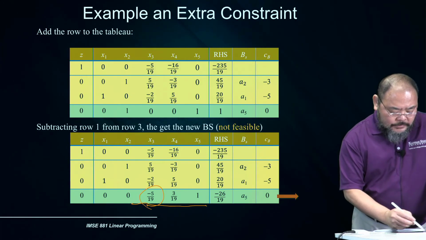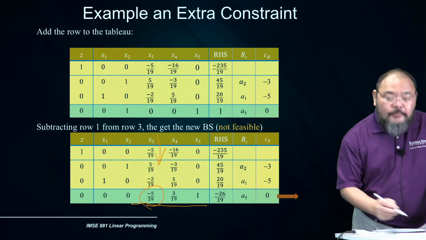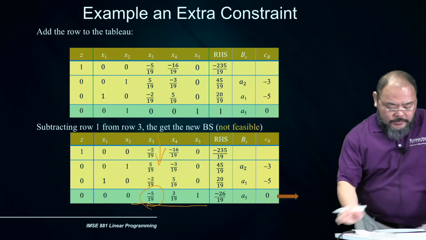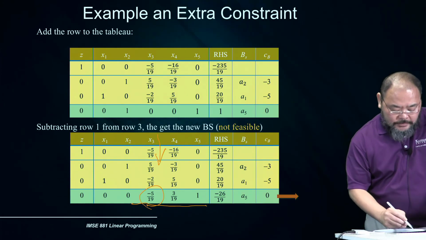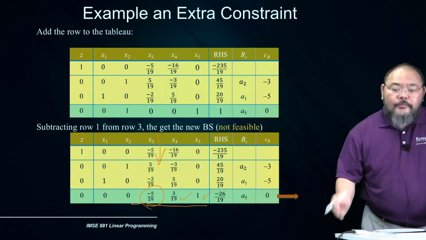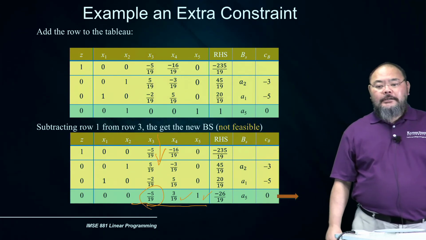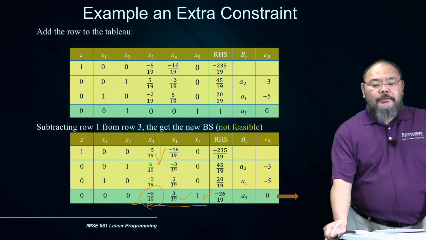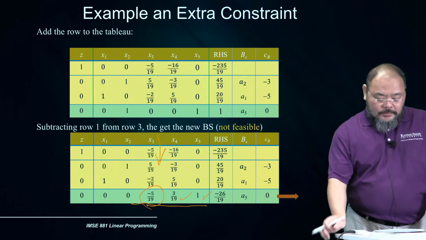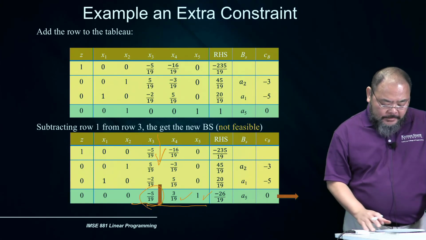So x3 is incoming for sure, because the other ones are positive. We don't care about those. In the dual simplex method, we only look at the negative elements on that row.